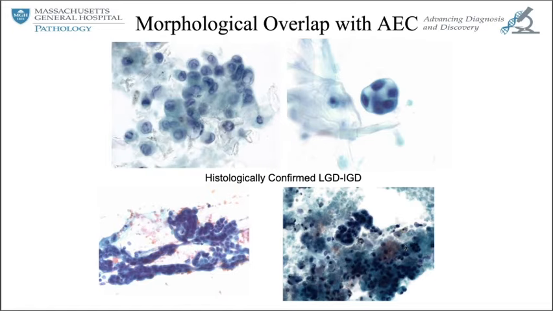So what may look like a primary 3-centimeter branch duct cyst can have connections to downstream high-grade PanIN, pancreatic intraepithelial neoplasia, or other cysts that may have high-grade dysplasia. Some cases that were interpreted as having high-grade epithelial atypia were histologically confirmed to have low-grade to intermediate-grade dysplasia. So it's not a perfect science.